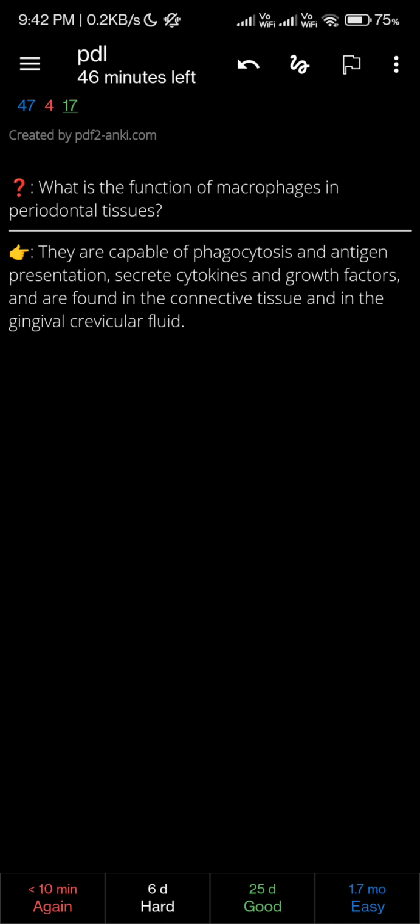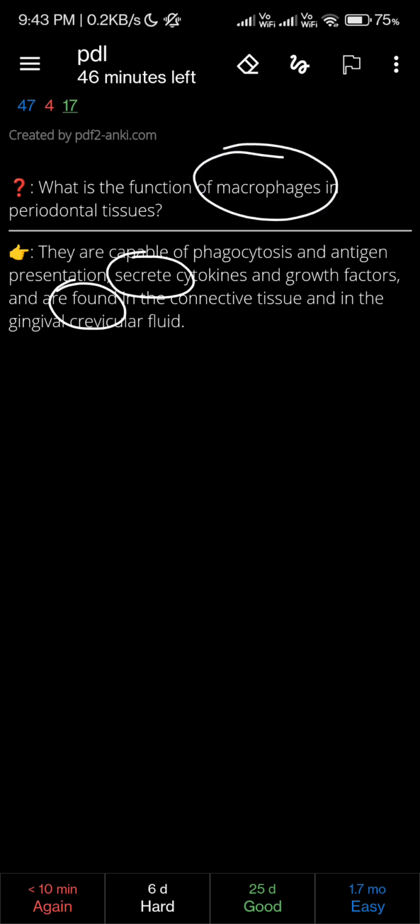Macrophages are capable of phagocytosis, antigen presentation, and secrete cytokines and growth factors, not cytokeratin.